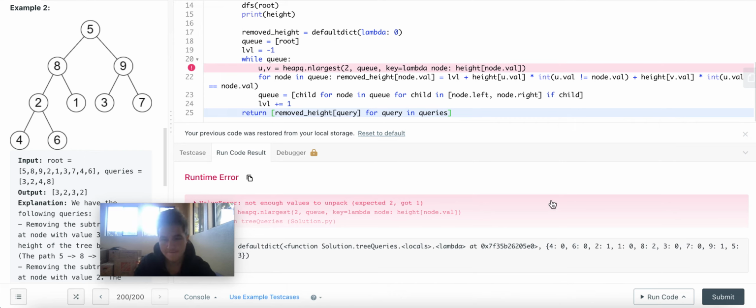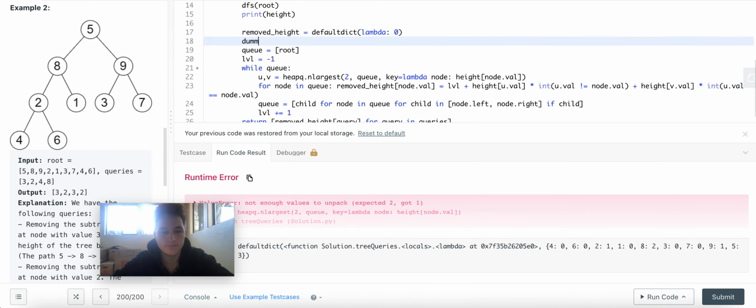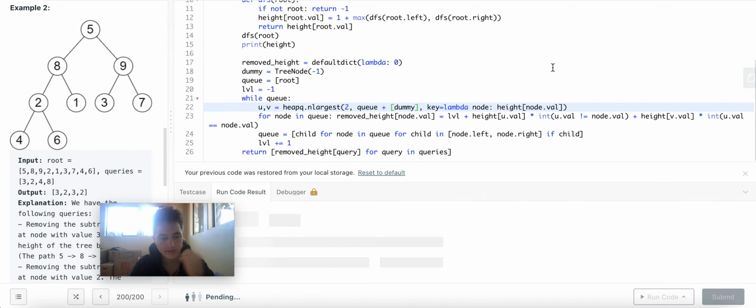So what we could do is at every level, we could consider a dummy variable with value -1. And we could just always consider that variable when we do this calculation so that there's always at least 2 things to consider. And that dummy variable has length 0, so that will just make this flow better.